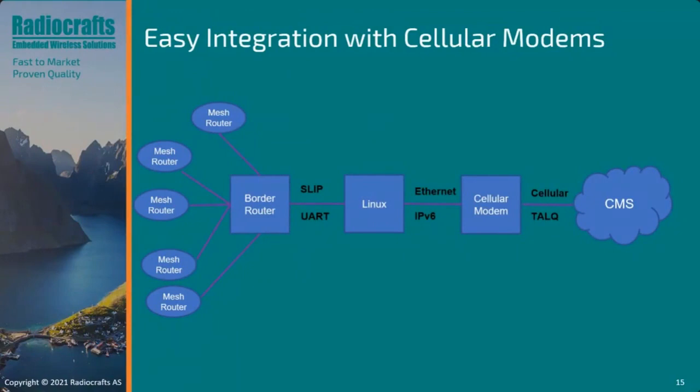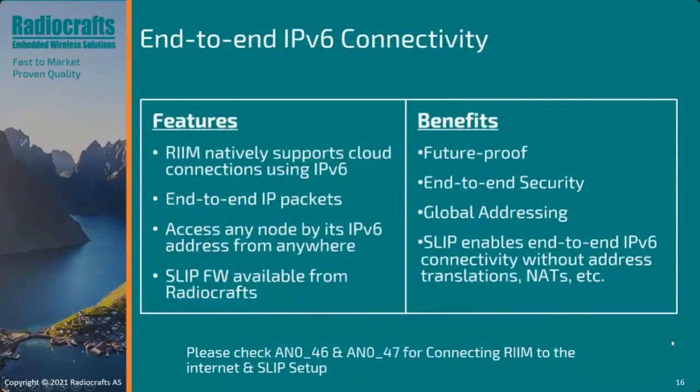This is very important to maintain their IP version 6 format till they reach the Linux device, which then sends this data stream via Ethernet to a cellular modem. This way, IP version 6 can be maintained all the way, and that's very important for the following reason. It's very important to have end-to-end IP connectivity.